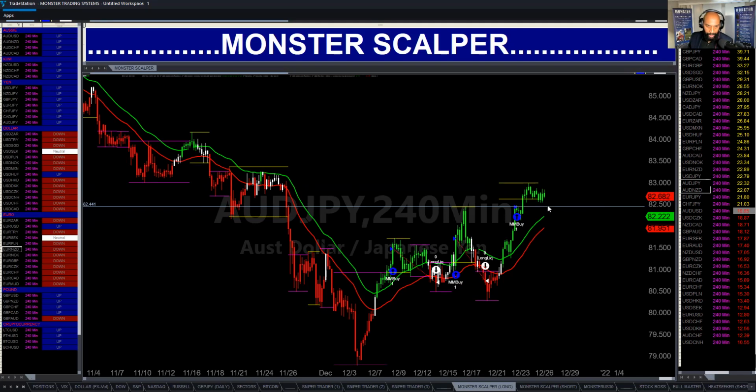It breaks, coming down, this becomes support, and let's say it breaks this support and comes down, we're going to get a sell signal. So I would say if it gets down to about 82.25, 82.20, you've got to get out. Okay, you've got to get out.